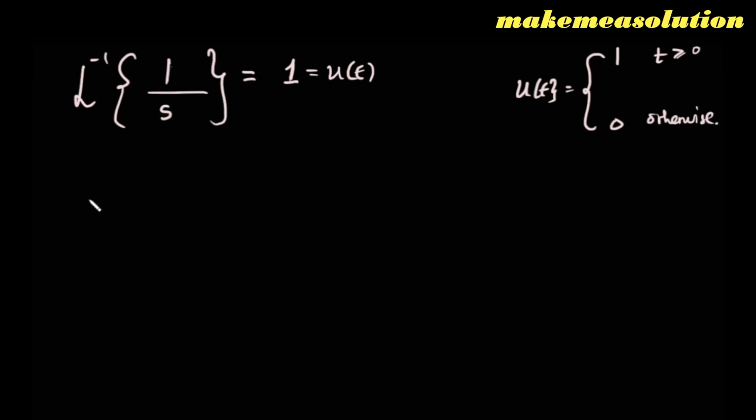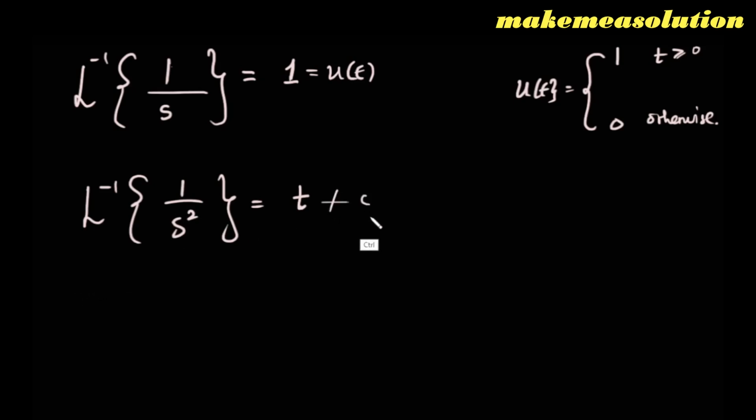Now another thing that you need to know is the Laplace inverse of 1 over s squared. It's going to give you t. Since the Laplace transform of t is 1 over s squared, the Laplace inverse of 1 over s squared is going to give you t. And there is no plus constant of integration.